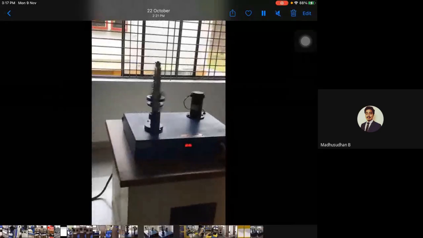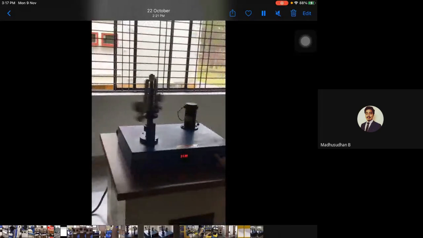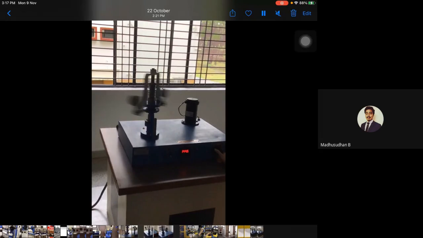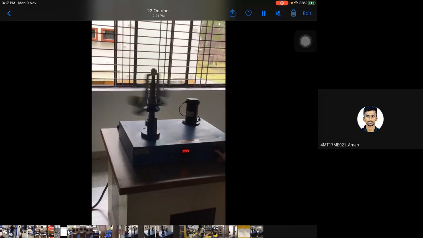Okay. Any doubts, guys, in these two experiments, in the sense, same experiment with a different setup, Hartnell and Porter? Any doubts? No, sir. Understood.